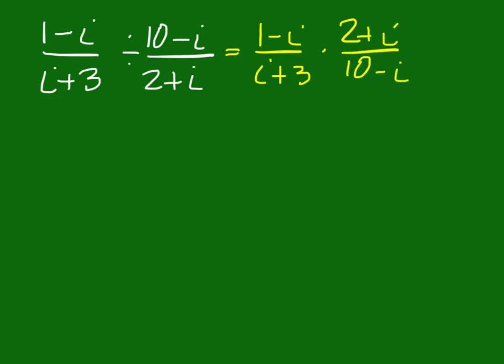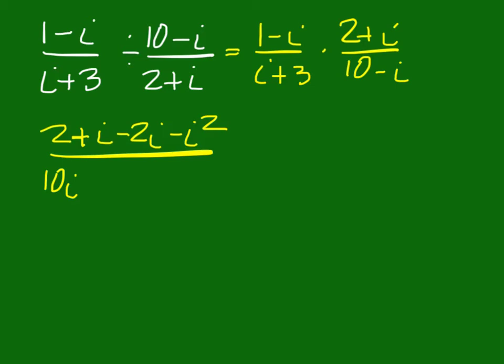So just multiply the top across there, left to right, and have 2 plus i, and then a minus 2i minus i squared. On the bottom, you'll get 10i minus i squared plus 30 minus 3i.